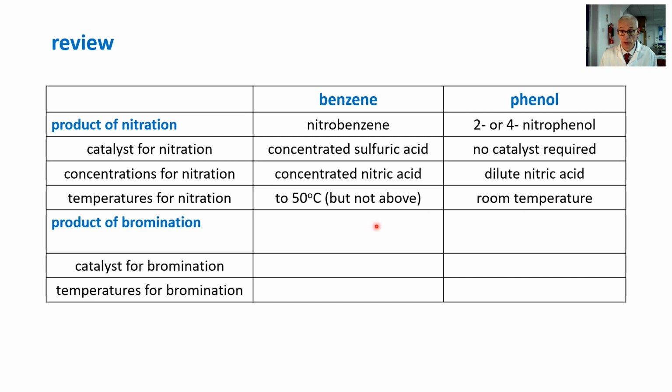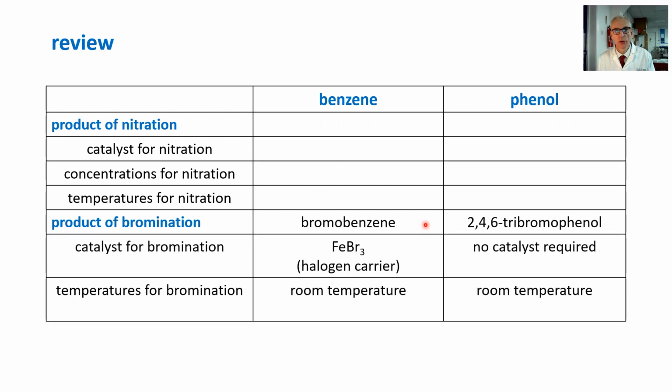Move on, if you haven't already done so, to bromination. Okay, so I'm going to reveal the bromination. So for bromination, benzene forms bromobenzene, a halogen carrier catalyst is required, iron(III) bromide or iron tribromide, aluminium tribromide, and that will take place at room temperature.